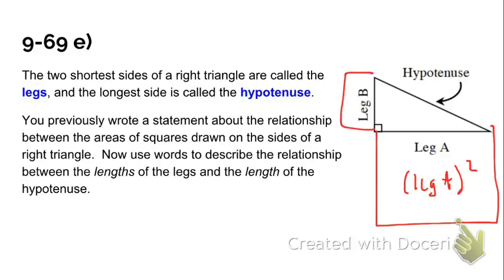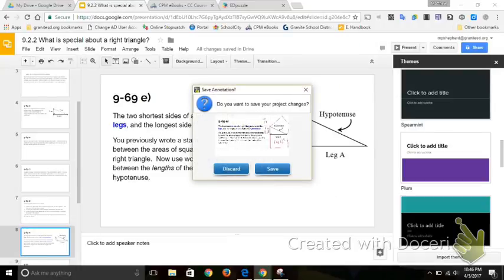Same goes for B, so we could have B squared. And the hypotenuse, the area of that final one. So I would say in words that the relationship is leg A multiplied by itself plus leg B multiplied by itself will be equal to the hypotenuse multiplied by itself. And maybe you chose different words, but something along those lines is what you needed to get.